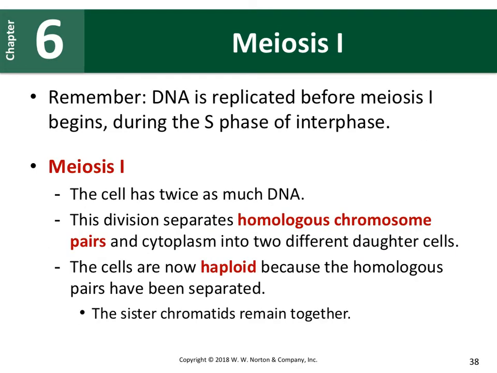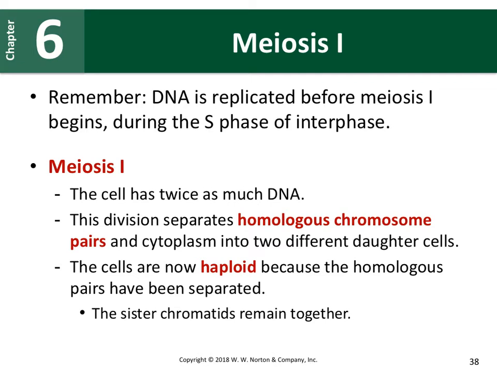Now, meiosis 1. Remember, in interphase, the germline cell has undergone S, where they synthesize all the DNA, so they have twice as much DNA. The division, just like mitosis, separates homologous chromosomes, and those chromosomes have twice as much DNA.